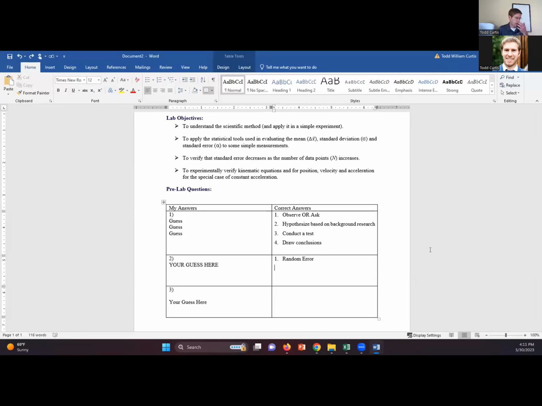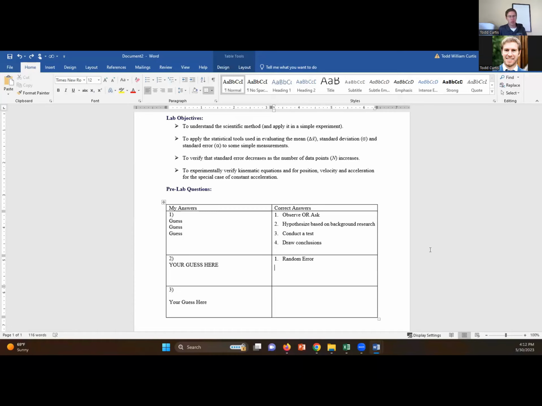As you'll see in today's lab, using the same ruler or meter stick to measure a piece of paper, to the accuracy of that meter stick or tape measure could actually give you slightly varied results due to the limitations of the accuracy of the tool and you as the observer. So some amount of random error is normal, and it's about the limitations of our tools and about the nature of doing scientific experiments.